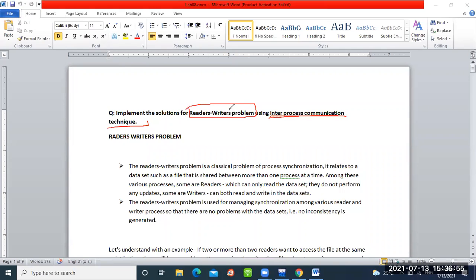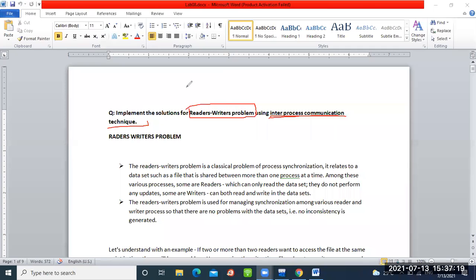First I will define what the problem statement is. This is a multi-process synchronization problem. So what do we have to do? We have to find the solution with the help of an inter-process communication technique. That means we will use semaphores here, and with the help of the semaphore we will solve this problem.